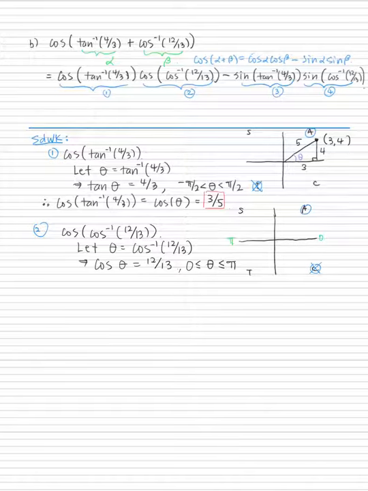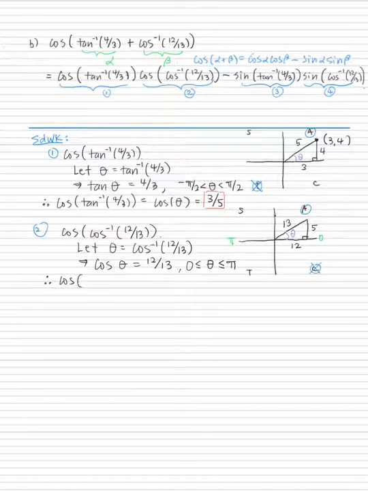So the cosine is adjacent over hypotenuse, but regardless, let me just draw this triangle. So here, adjacent side is 12, hypotenuse is 13, so what's the missing length? 5. All right, so I think we're good to go.